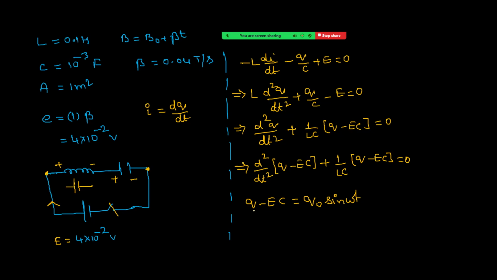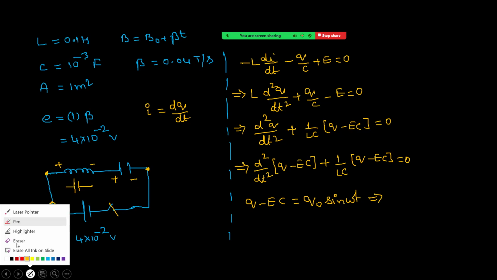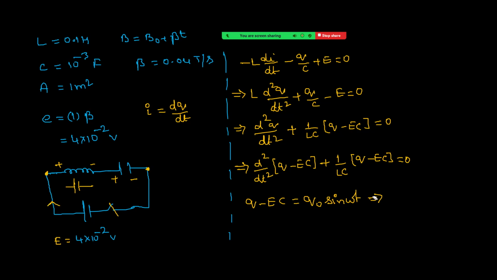Right? Otherwise, let me correct once. If I'm taking Q as the charge on the capacitor, then let me cross check what we have written here. We are saying Q is now the charge on the capacitor. In such a case, when I take t equal to 0, this becomes 0, but this is not 0.